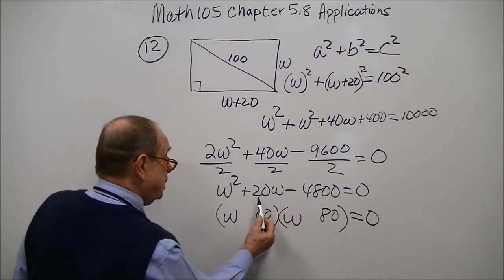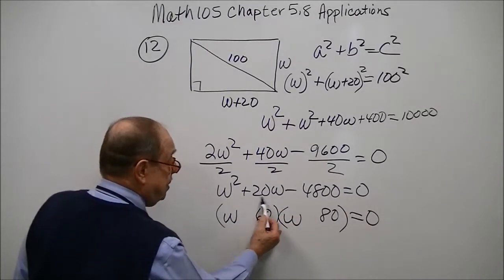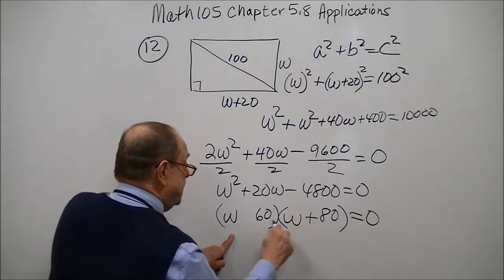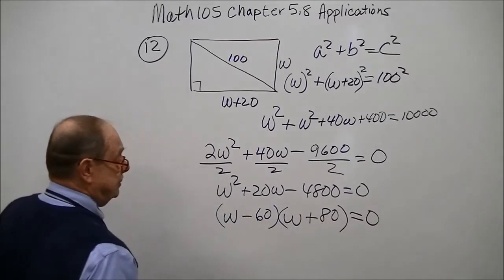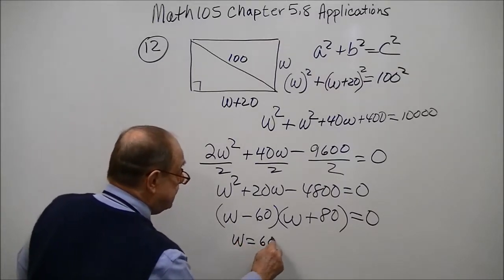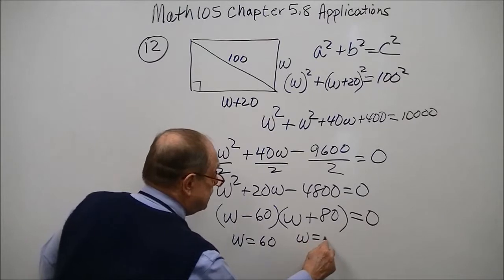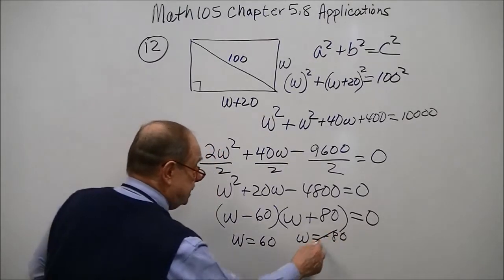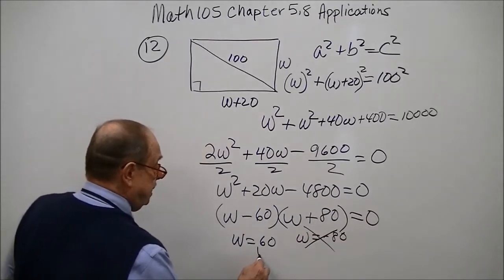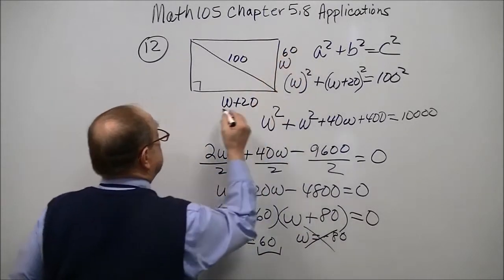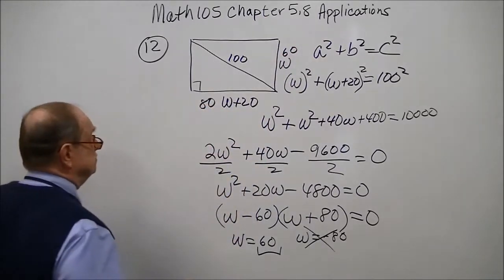We want our larger number to be a positive, so our outers here, this will be the positive, this will be the negative. Notice we then have W equals 60, W equals a negative 80. You can't have a length that's negative 80, so we reject that answer. And here's what our W is. So this is 60, and this is 80.